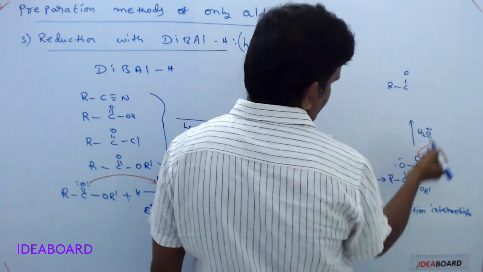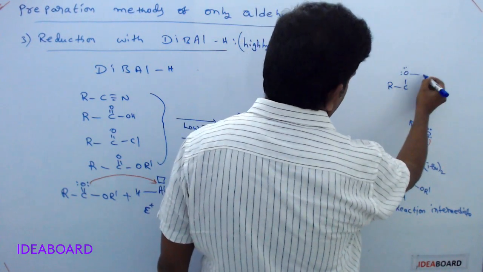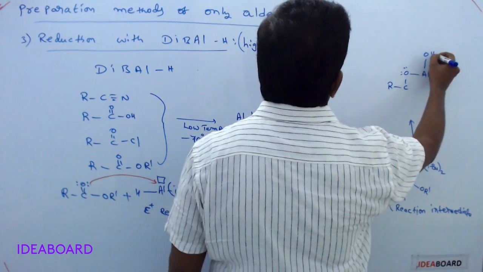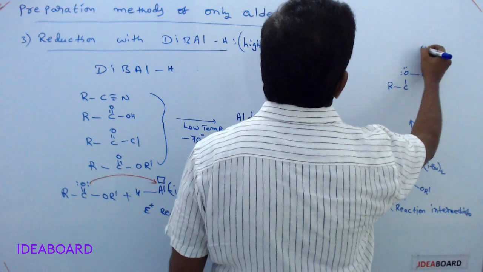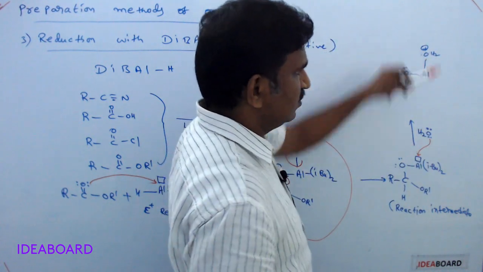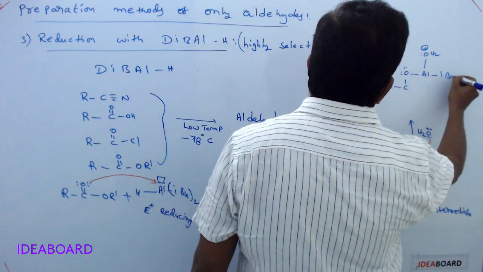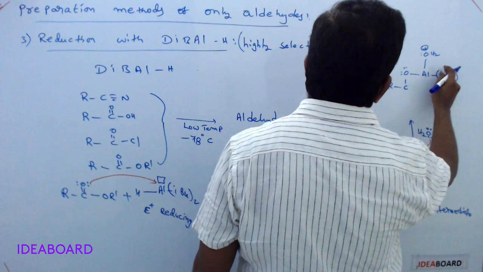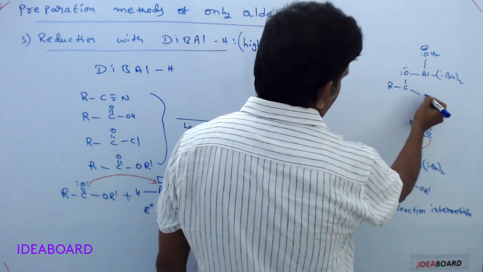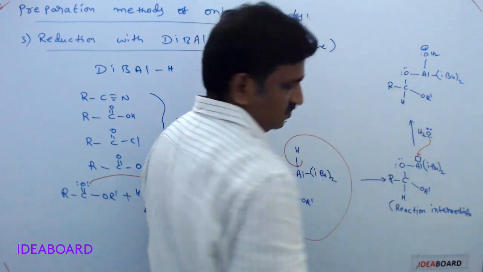R, C, O, and here oxygen has two lone pairs, and next aluminum, and a bond is formed with OH2 plus, meaning the water molecule gave a pair of electrons and made a bond. And the IBU, isobutyl group, is not changing throughout the reaction. Here we have OR', and here we have hydrogen.